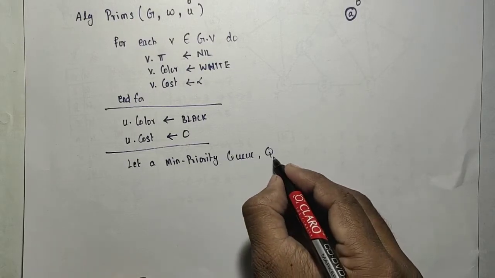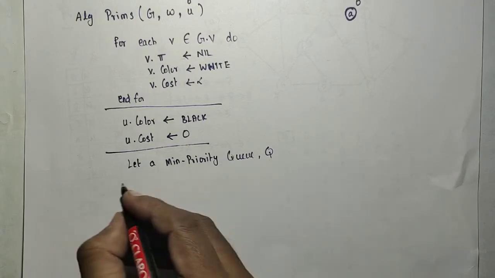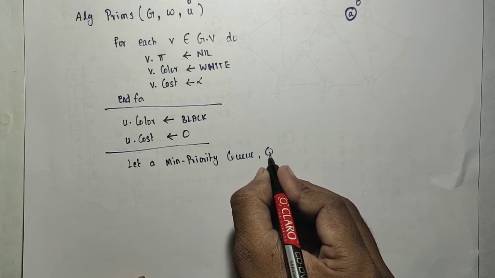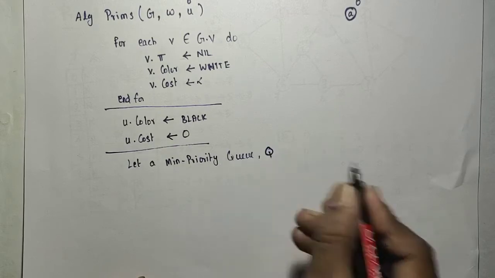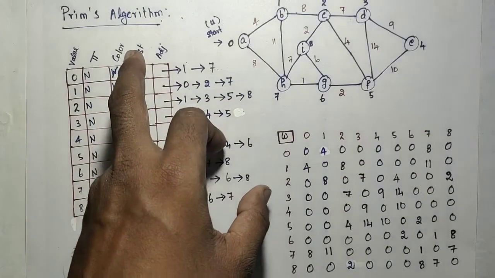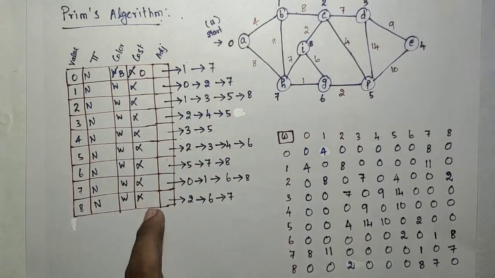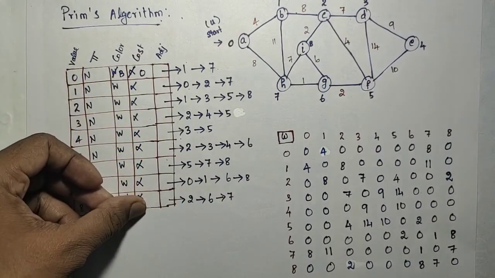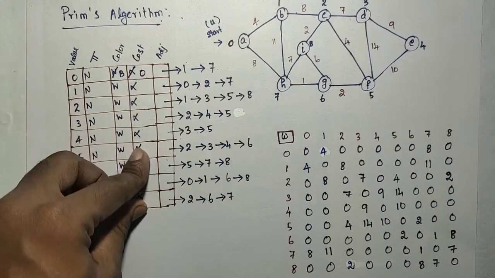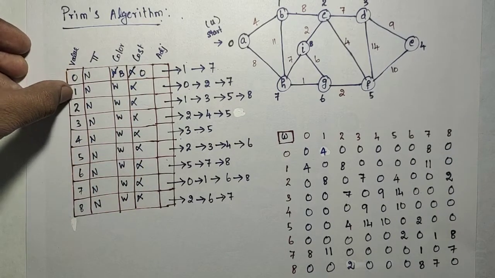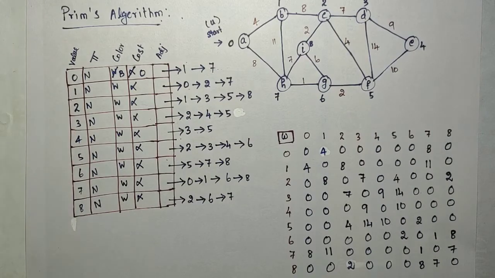So just create a min priority queue, and then insert all the vertices into that queue based on the cost. That cost will be considered as the key. Initially all the costs will be infinity. Just insert one by one, 0, 1, 2, 3, like that into that queue.